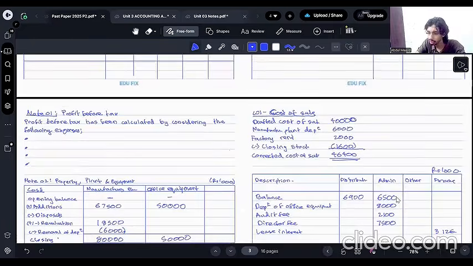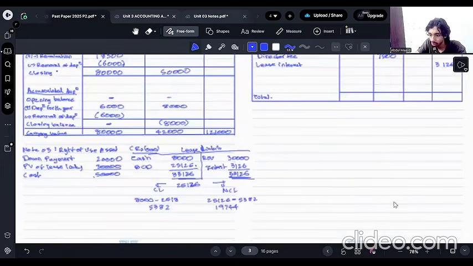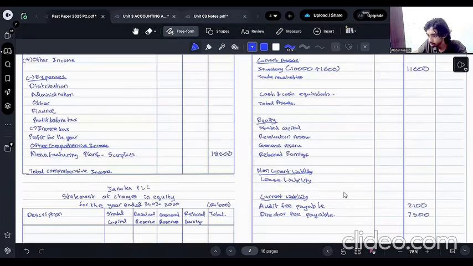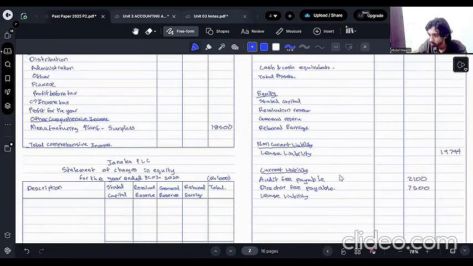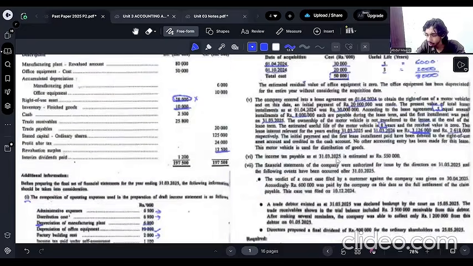So here you can say under non-current liability, lease liability 19,744. Under current liability, you can say lease liability, that is 5,382. Okay. Then next, the income tax payable.